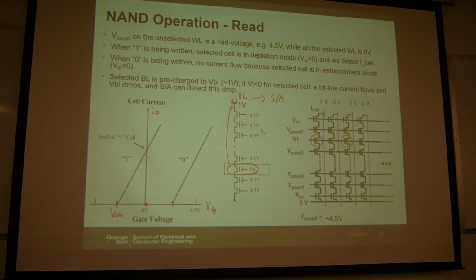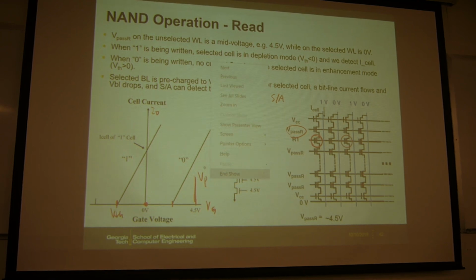So the idea is that for all other transistors, for example, if this is a selected cell, for the other transistors we need to apply the so-called V-pass R. This is the V-pass condition for the read. That means this V-pass needs to be somewhere here.